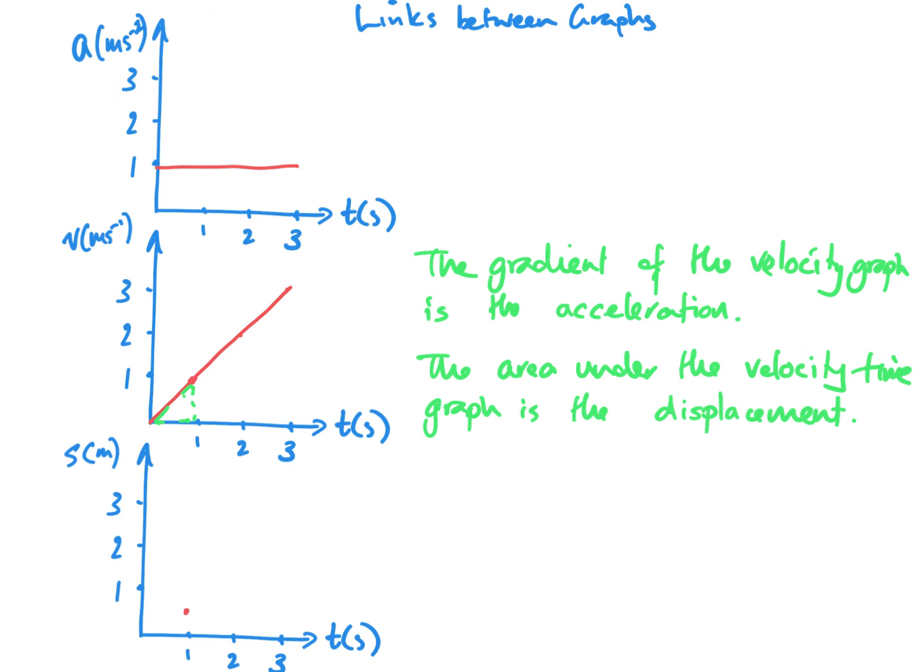If I were to do the displacement after 2 seconds, sorry, I keep saying gradient, that's wrong, then that would be that triangle there, my area under the graph for the first 2 seconds, which would be a half times 2 times 2. So that is 2 meters.